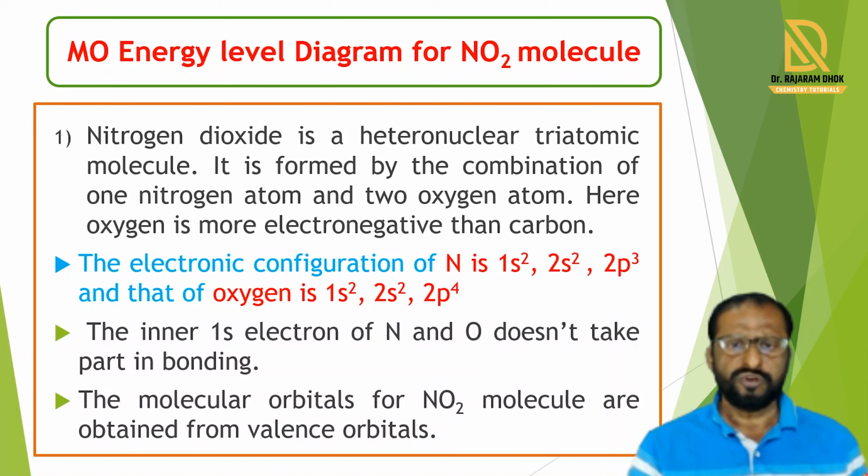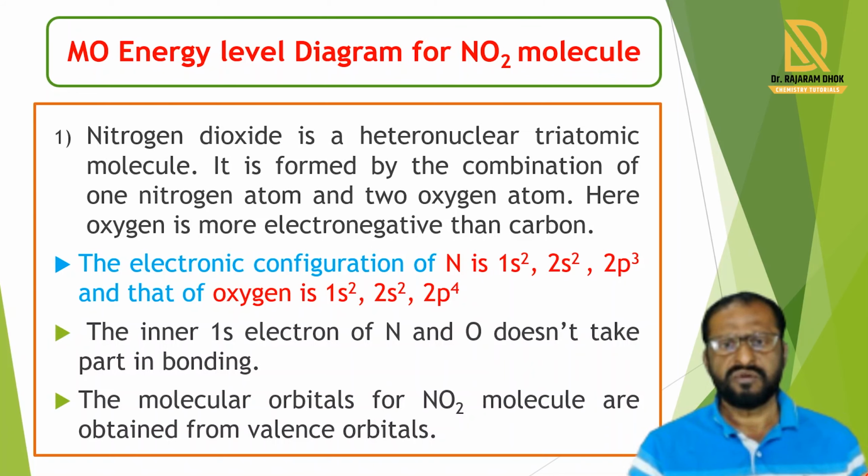In the NO2 molecule, oxygen is more electronegative than nitrogen. So we write the electronic configuration of nitrogen 1s2, 2s2 and 2p3, and electronic configuration of oxygen 1s2, 2s2 and 2p4.